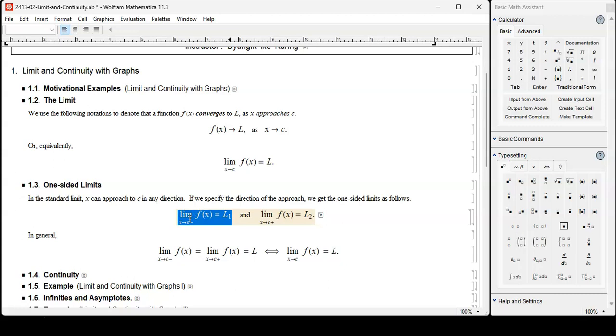This one is left hand side approaching, and this one here is right hand side approaching. Do you see this c minus here and c plus there? In mathematics, positive is right hand side direction, negative is left hand side direction. And the y coordinate value as I follow the graph from the left hand side and the y coordinate value as I follow the graph from the right hand side need not be the same.